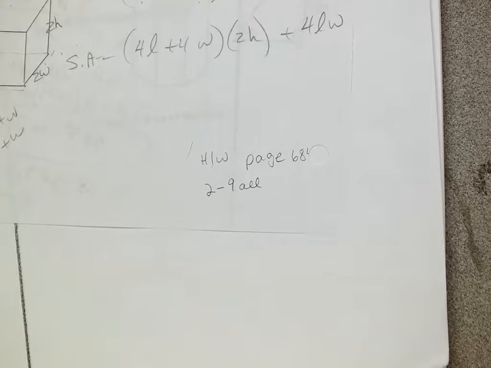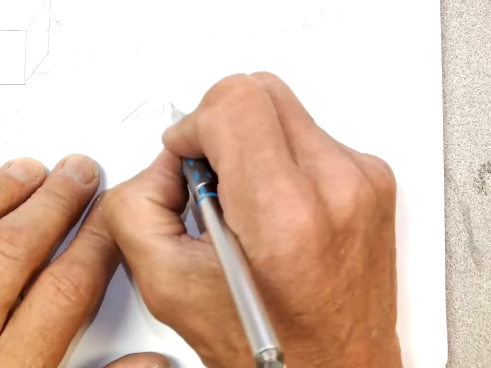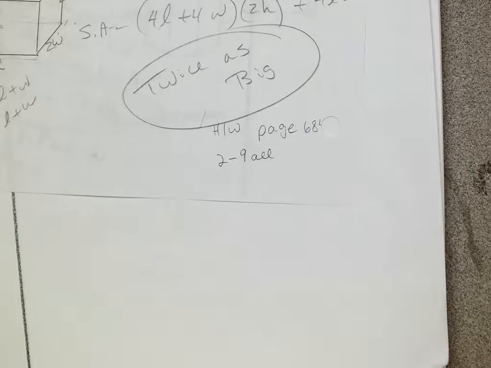So what do you think? What happened between here and here? It's just going to be twice as big, isn't it? You can see it's twice as big all the way. So that one's going to make you think, isn't it?